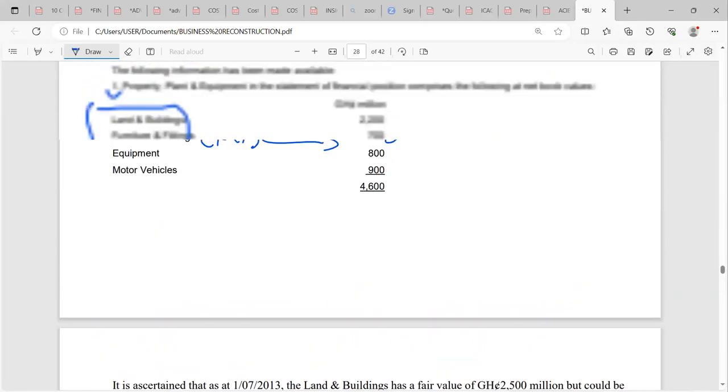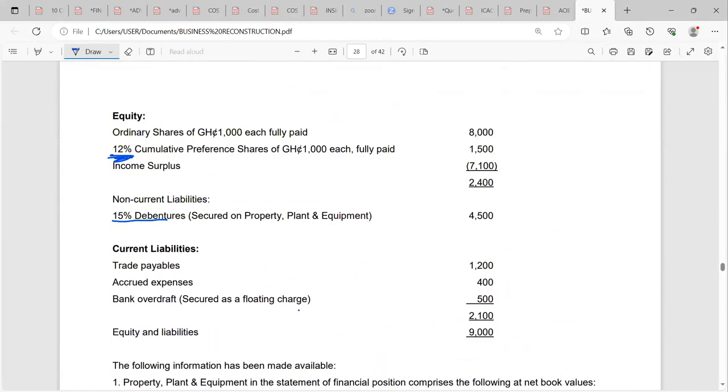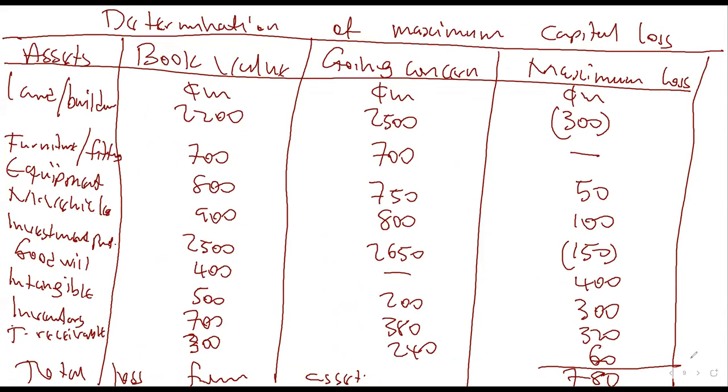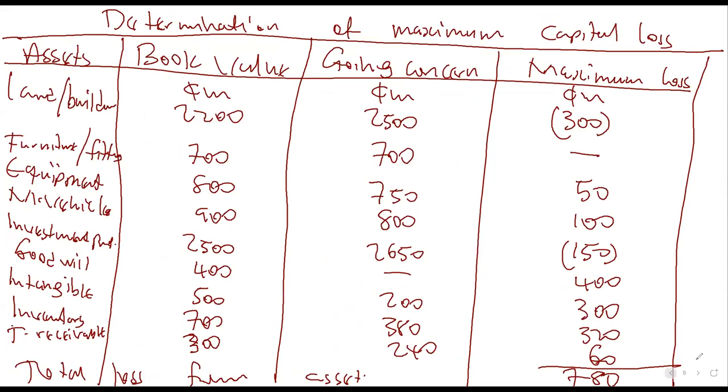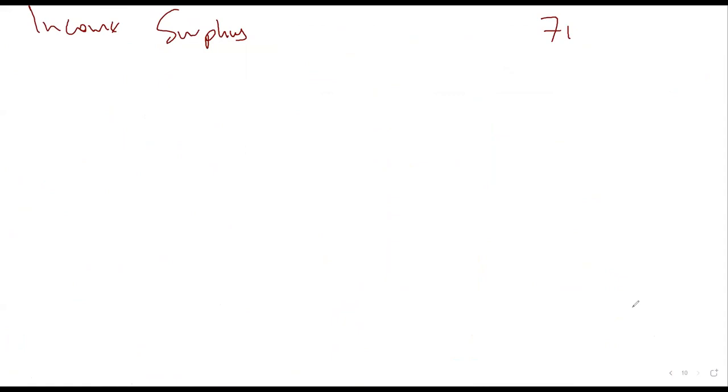All items apart from stated capital, bring it. So we have only income surplus negative, which is the loss, bring it, 7,100.